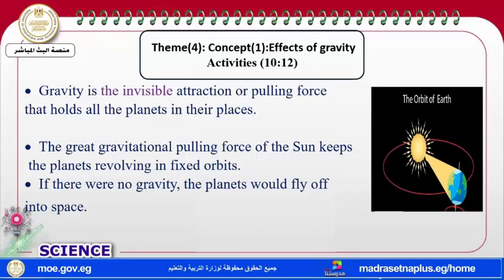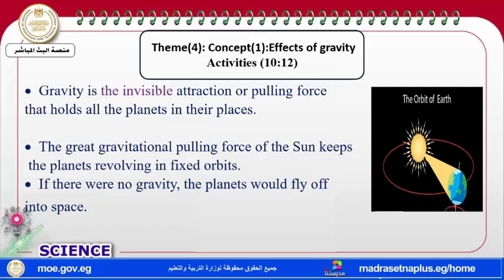And if there were no gravity, it's a very important question, what would happen? With no gravity, the planets would fly off into space. If there were no gravity between the sun and the planets, no planet or moon or anything would stay in its place. They would fly off into space.